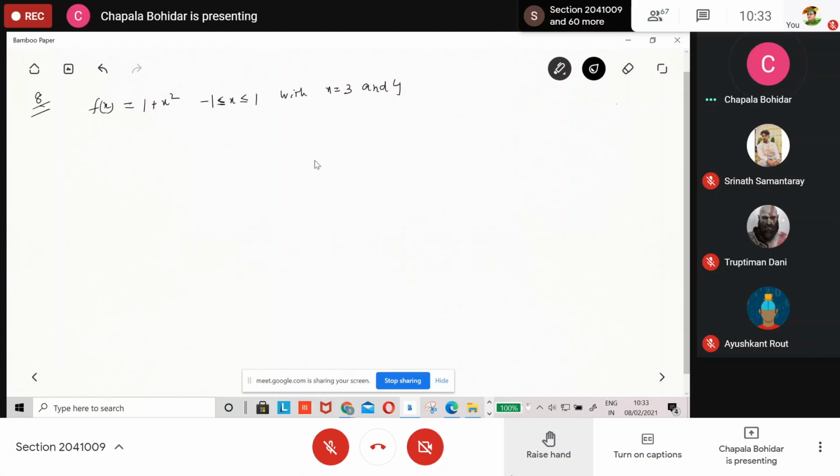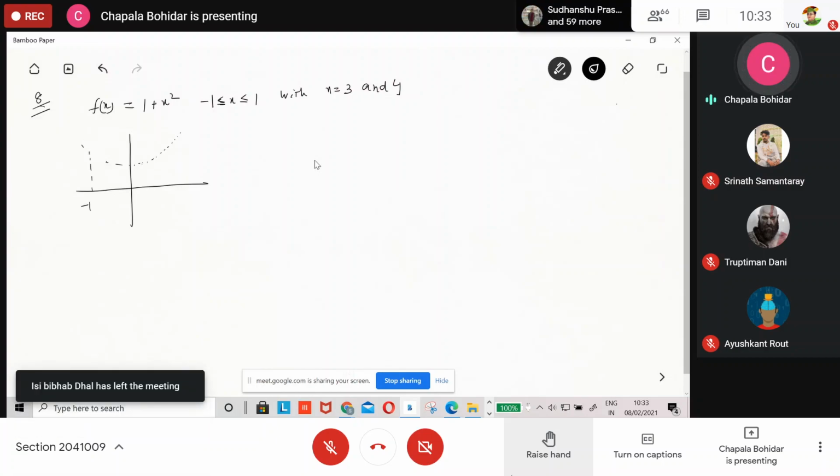Okay. So here, I have done this type of problem already, but the interval is minus 1 to 1. So see here, my diagram is minus 1.